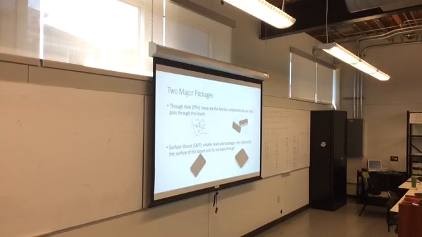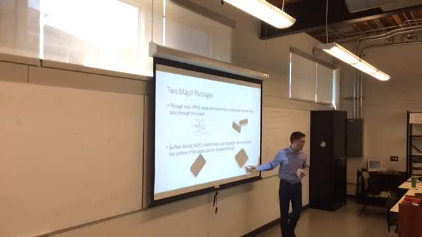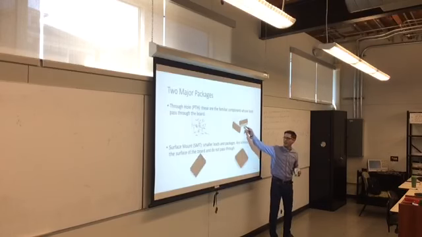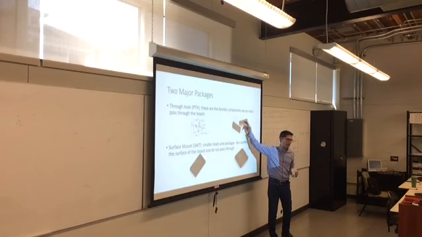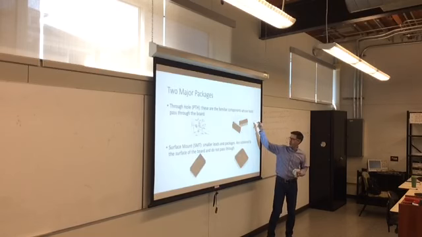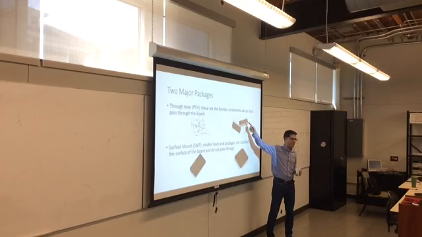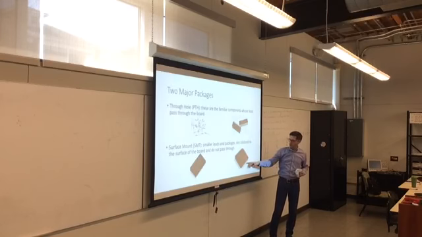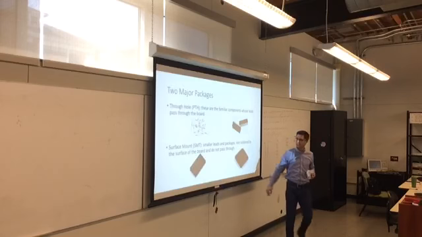Those packages may have more or less pins because it's easier to put more pins around this package than it is around this package. These pins take up a lot of space. So you can't have a 40-pin DIP. It's going to be tremendously long, whereas you could very easily have a 40-pin SOIC.